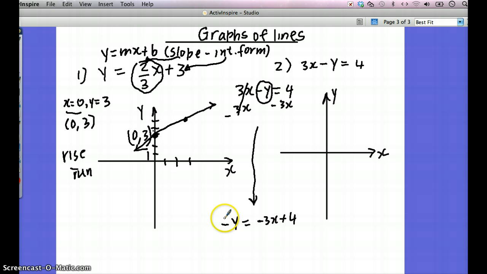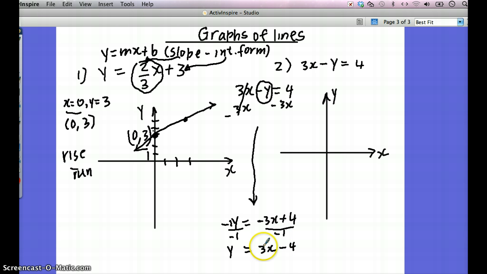All I need to do now is to divide both sides by negative 1. So we get negative divided by negative 1, which is understood here. We have y is equal to negative 3x divided by negative 1 would be positive 3x. Positive 4 divided by negative 1 would be negative 4.